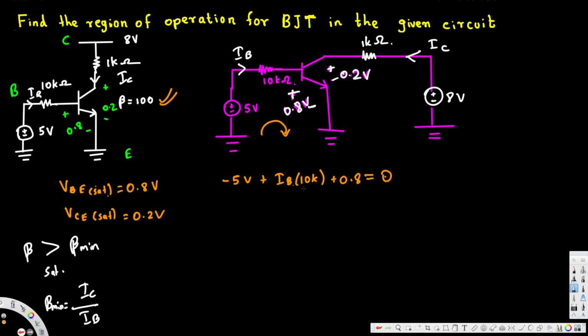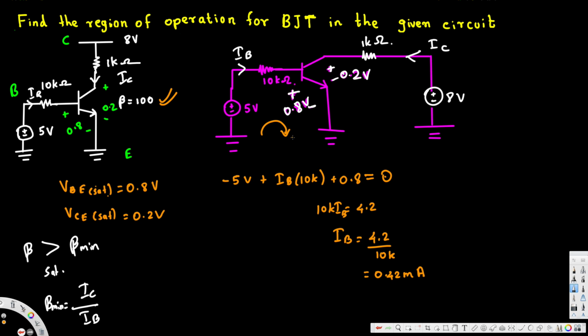Now negative 5 plus 0.8 is negative 4.2. If I bring it to the other side, that's going to be plus 4.2. Therefore IB is going to be 4.2 divided by 10k, that's equal to 0.42 milliampere. Okay, now we found out IB.